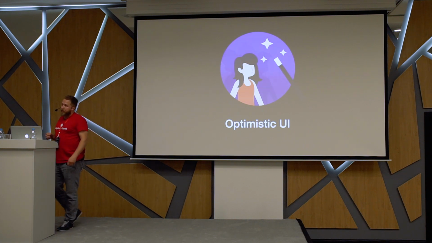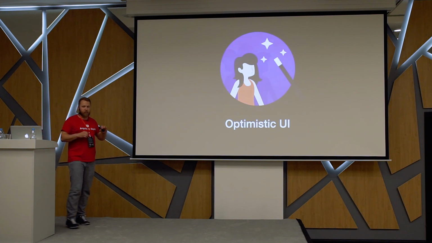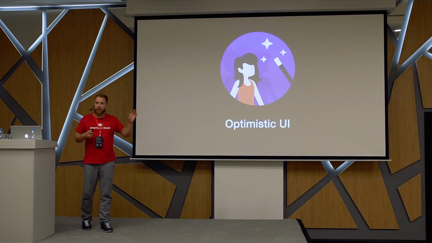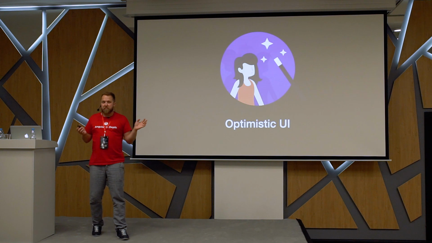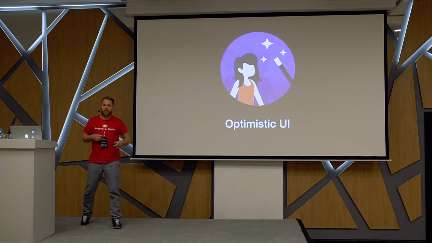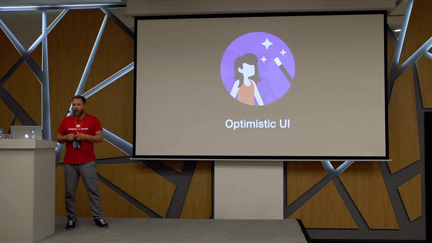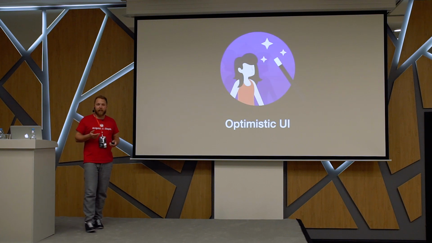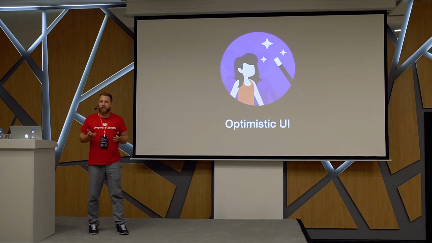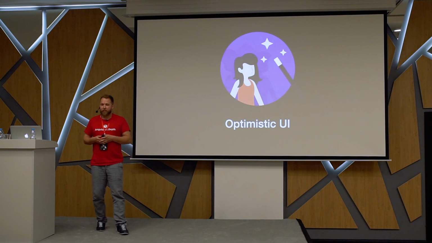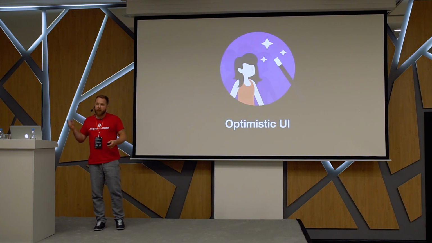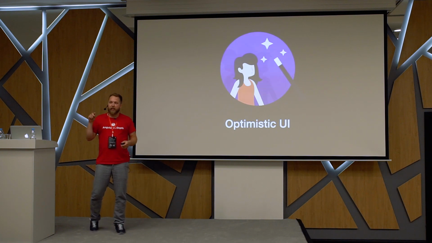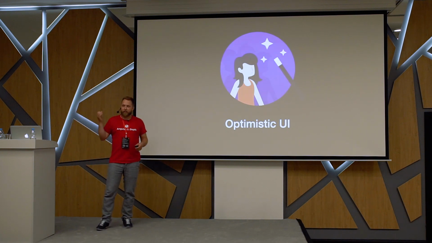So now to the optimistic UI. Who's using this technique? Anybody using this optimistic UI technique? Okay. Thank you. So you've all seen this, and you definitely interacted with applications that use it. For example, in Twitter or Facebook, when you click the like, the UI reacts right away, right?